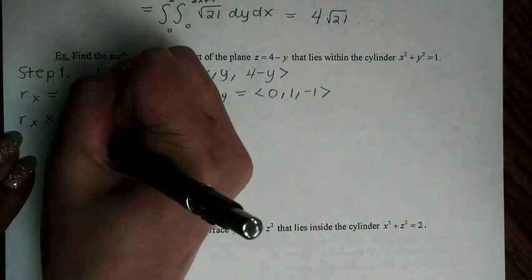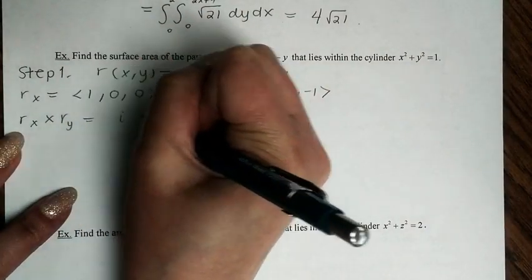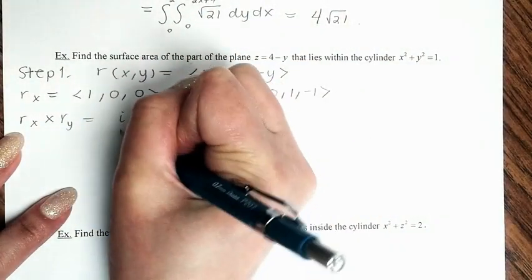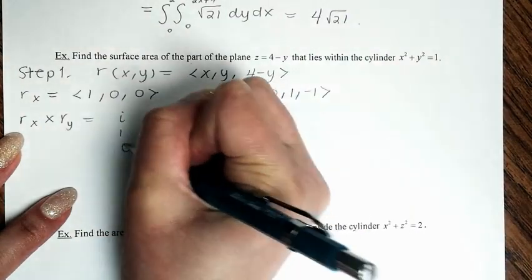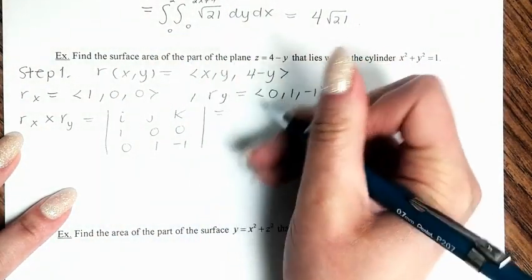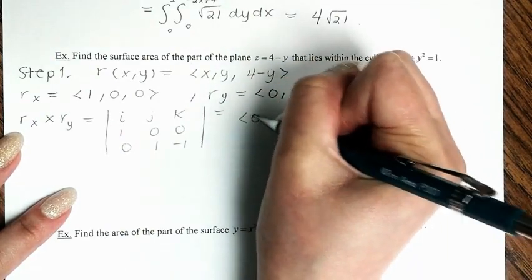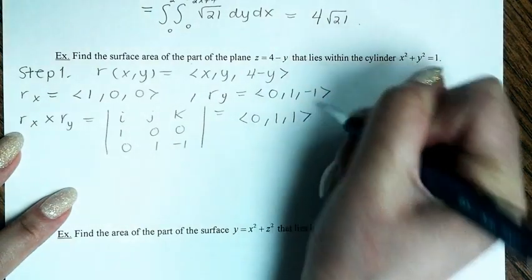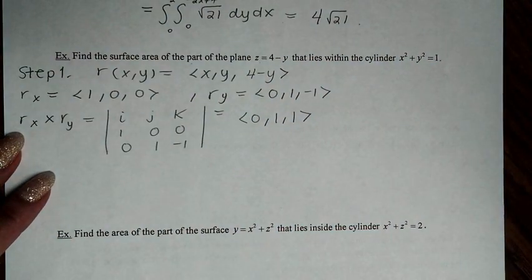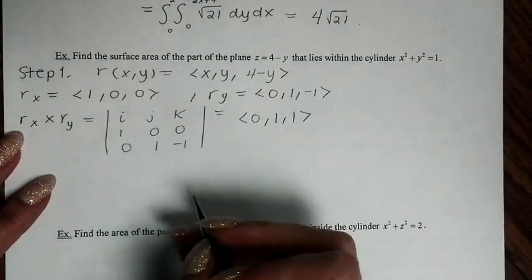Remember, the partial with respect to x goes first, so you have i j k, 1 0 0, and then 0 1 negative 1. You do your cross product. Remember, this one is pretty easy to do by hand, so you do that, it's 0 1 1, which is a super nice vector. Again, find the magnitude of that one. The magnitude of this one is going to be root 2.